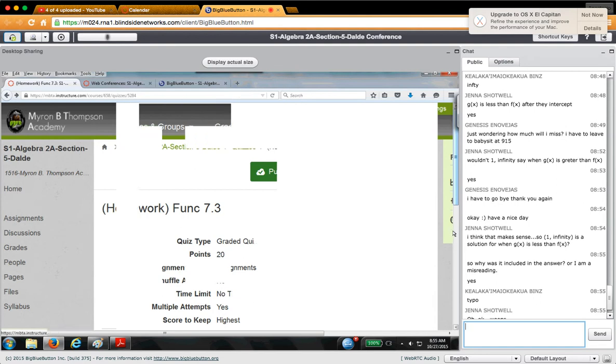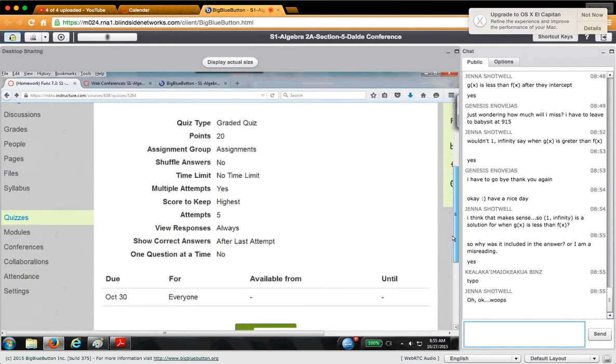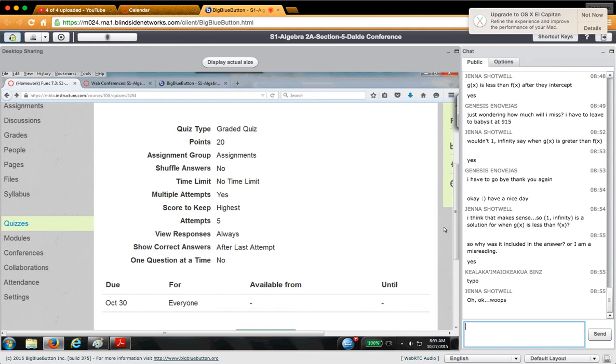I screwed up the answer, and I just fixed it now. When we originally did it together, I put in a 3, and it marked it as wrong, and I was like, wait a second, why is it wrong? And then I looked at the answer key, and I realized the answer key was wrong. It's because I included 1 to infinity, and it shouldn't be that.